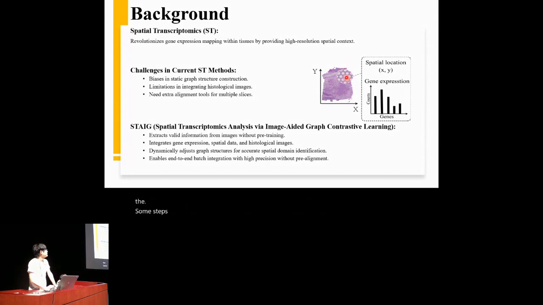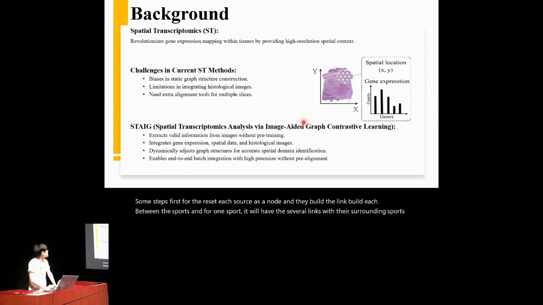First, each spot is set as a node, and links are built between the spots. One spot will have several links with its surrounding spots. Once the graph structure is constructed, it will not change during training.